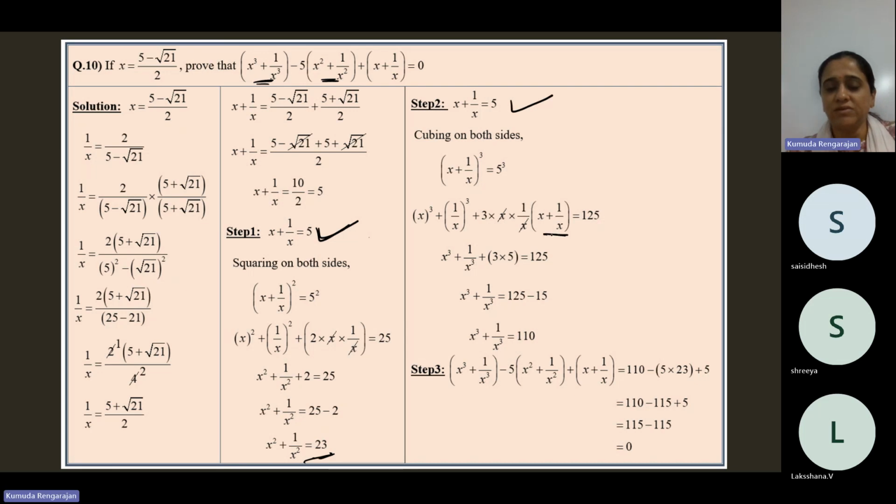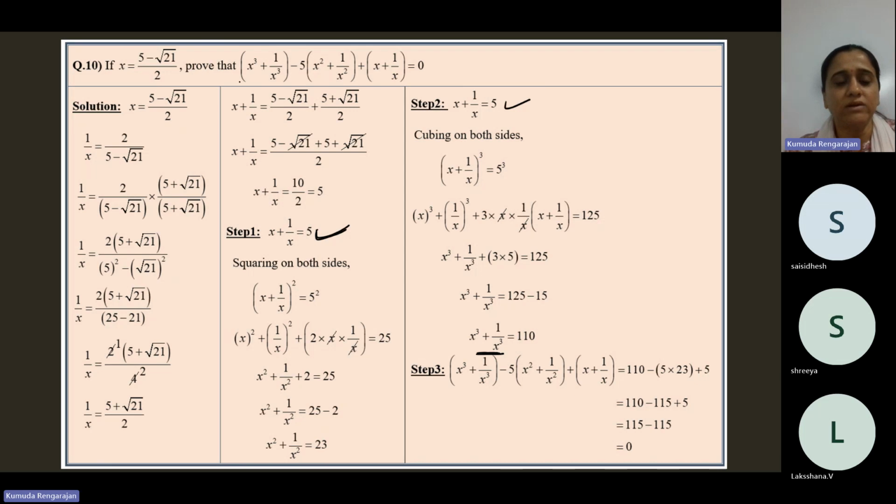And here you can see x plus 1 by x is substituted with 5. X plus 1 by x is 5. So x and x cancels, 3 into 5. So I said take up the same equation x plus 1 by x is equal to 5 and cube it on both the sides to find the value of x cubed plus 1 by x cubed.